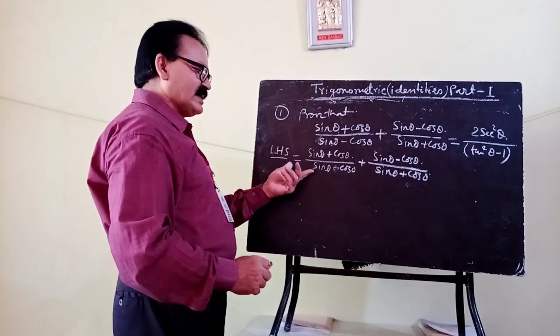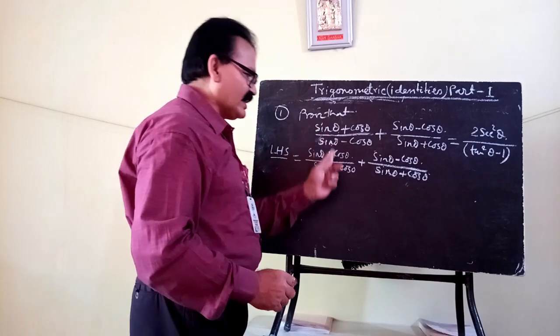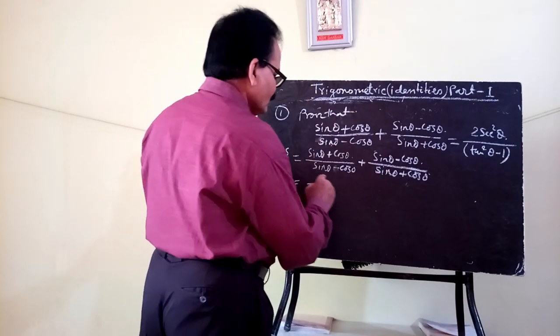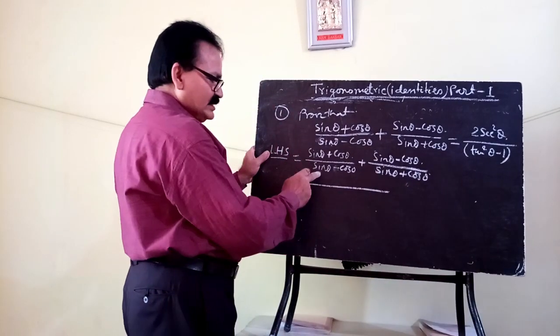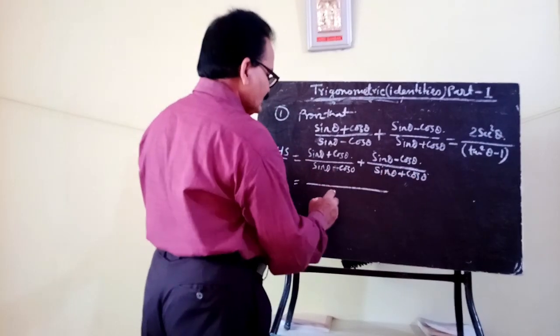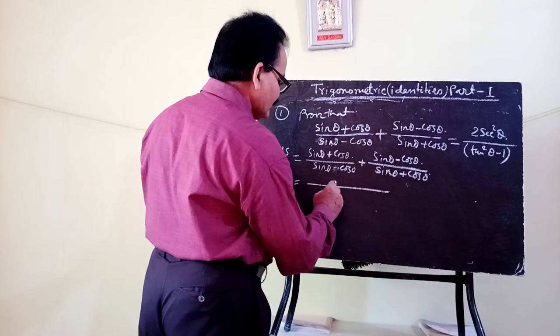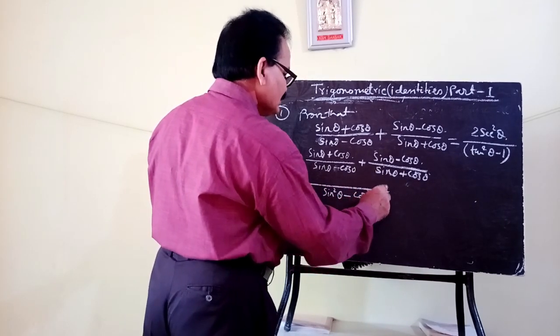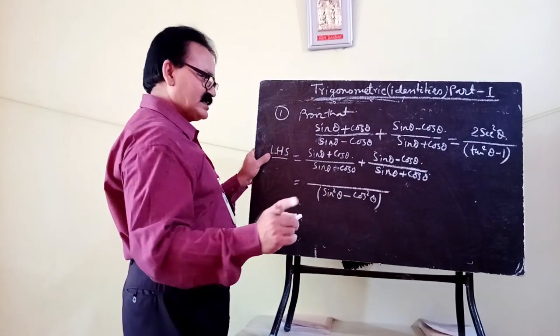Now you solve it. Here you see a minus b and a plus b, so you have LCM as sin square theta minus cos square theta. Clear?